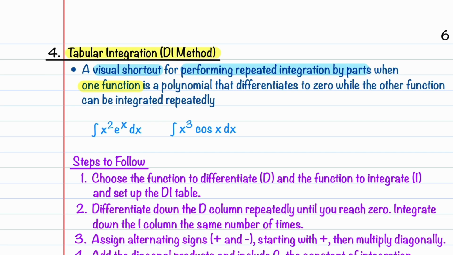For example, in these two integrals, that one function or polynomial would be x squared or x cubed, while the other function can be integrated repeatedly. And that other function in these examples are e to the x and cosine x. So you have one function that differentiates to 0, and then the other function you can just keep integrating.